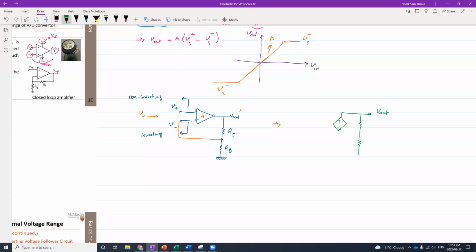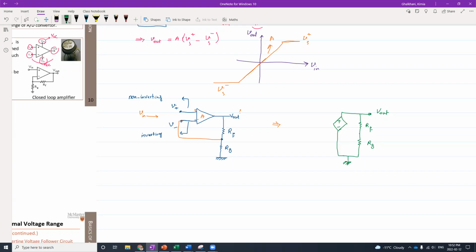And the other end, which is the negative, is also going to be connected to ground. So I'm going to connect both in here and then ground them, right? Or you may want to draw it this way. So this is my RG and this is my RF. Again, exactly like this.